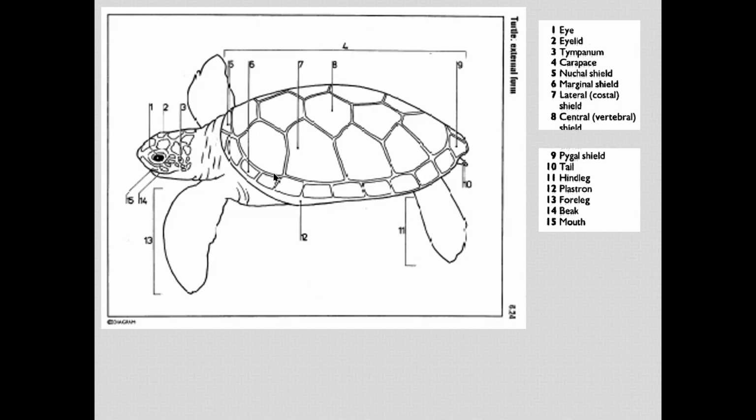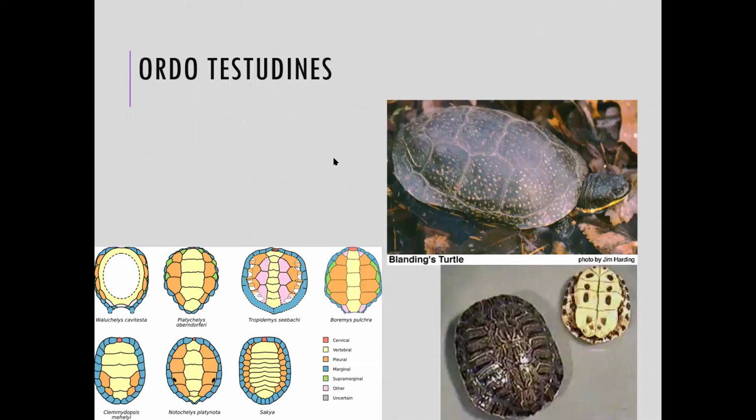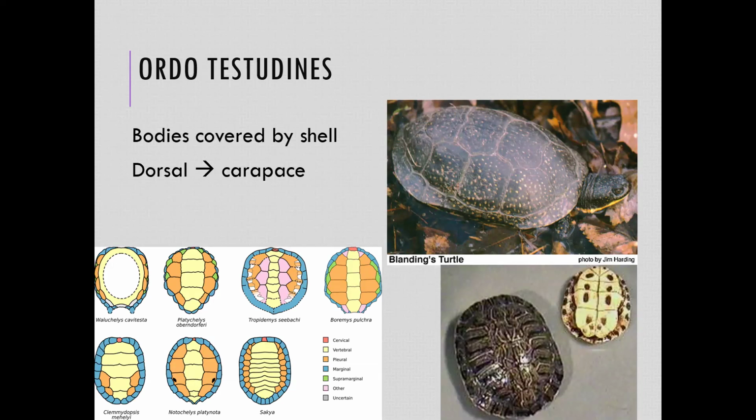A lot of species can hide their head, their tail, and their limbs inside their carapace and plastron, or their shell. Their body being covered by a shell is a specific anatomical characteristic of turtles or Testudines. The dorsal is the carapace, and the ventral one is the plastron.